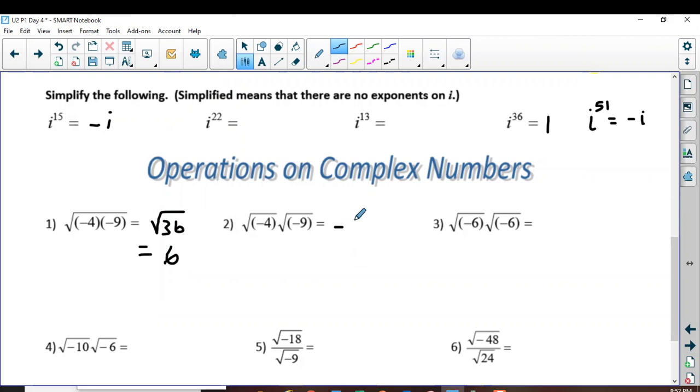And so that gives me negative 6. All right, and then you just type these in just like that. Now, when you get down to 4, you're going to get a decimal there.